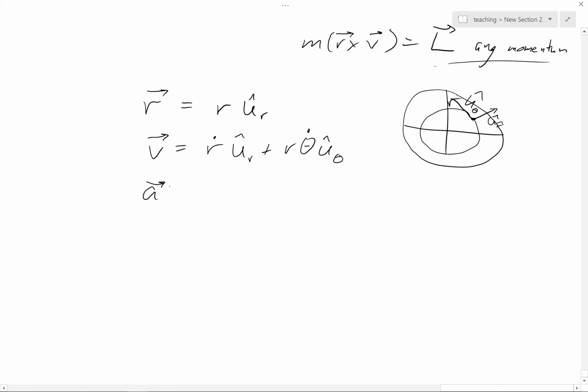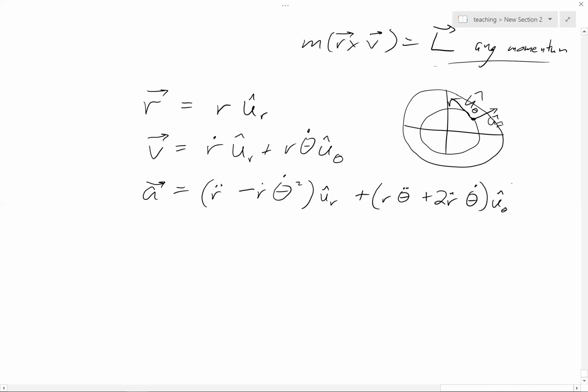The one we will need is acceleration, which is our second derivative, and these derivatives are all with respect to time. It's r theta double dot plus 2 r dot theta dot times u_theta.